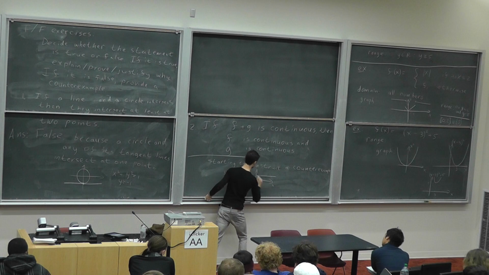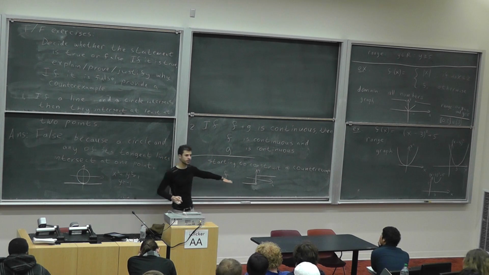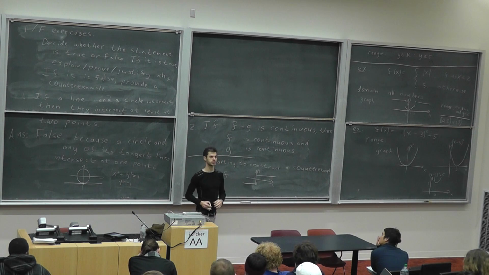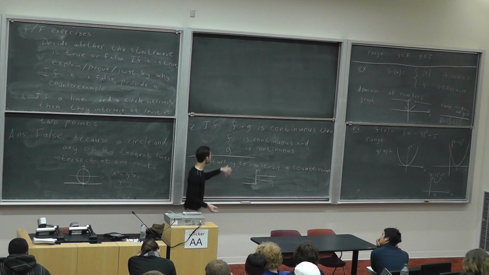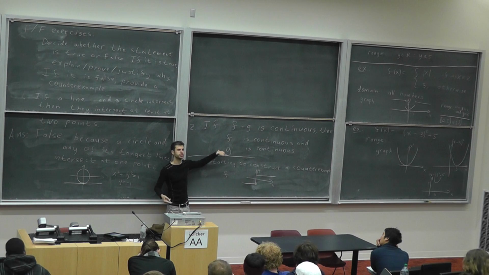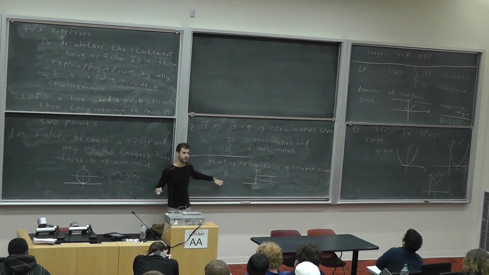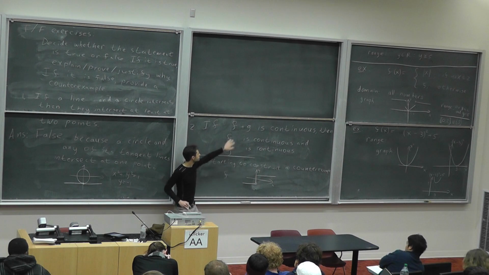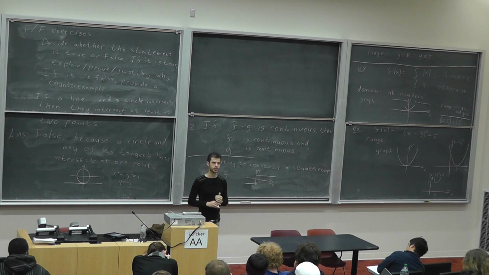So let me start with f which is not continuous, something like this. Now I want to find an extra function g, which I don't care whether it's continuous or not continuous. My f is already discontinuous. But such that f plus g is continuous. Can I find such a function?